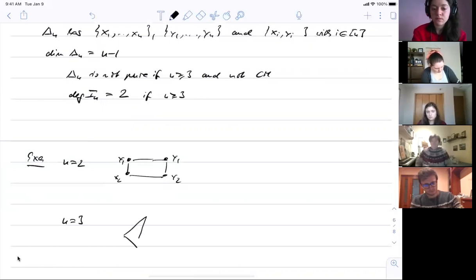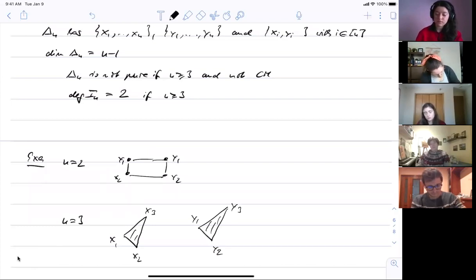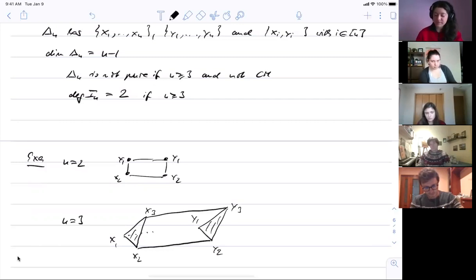Sorry. Then there is the simplex on y1, y2, y3. And then we have edges between any 2 variables with the same index, so we get an edge between x1 and y1, x2 and y2, and x3 and y3, and that's it.